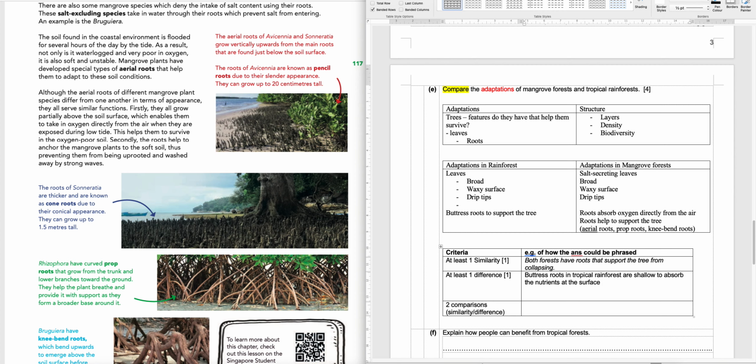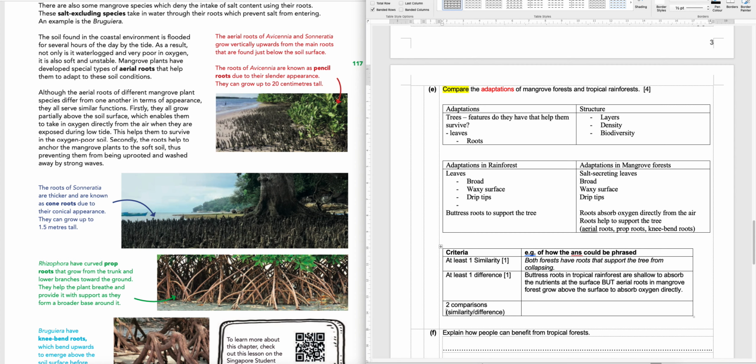Well, you can use conjunctions like 'but'. But roots in mangrove forest, aerial roots maybe, come out to the surface to absorb oxygen directly.